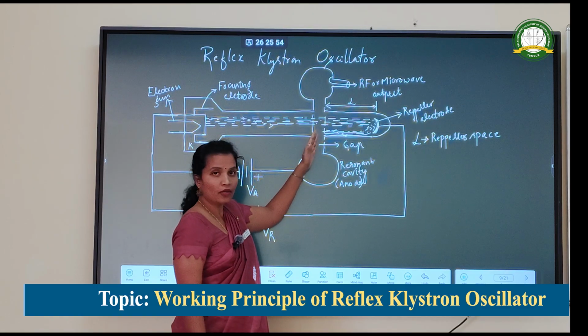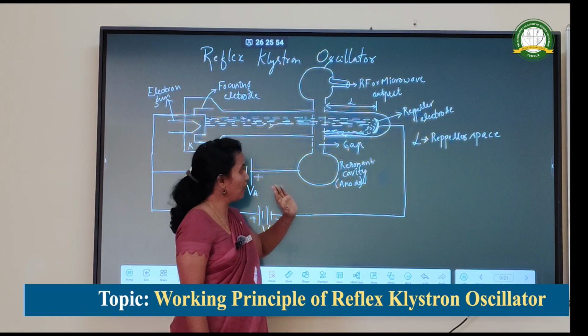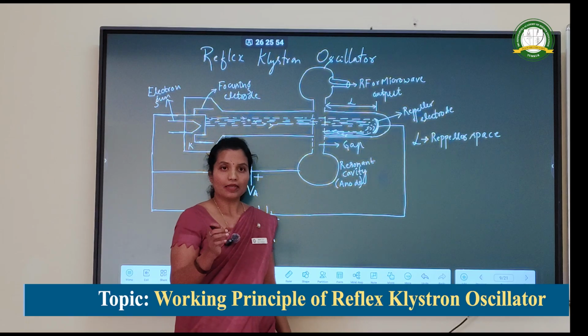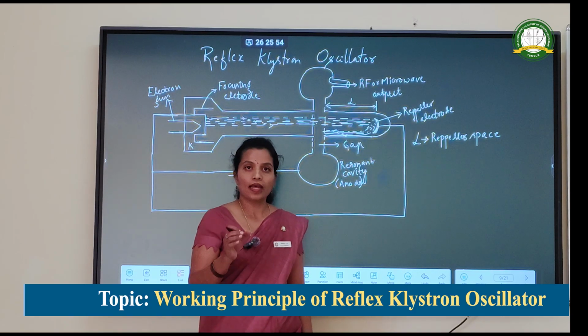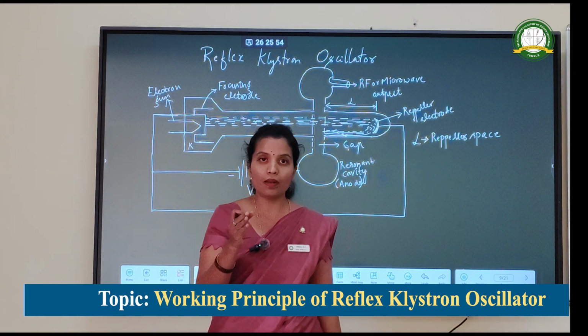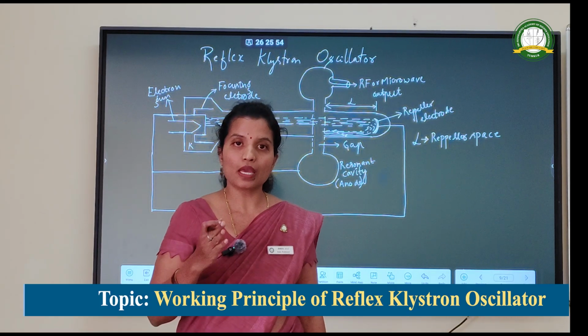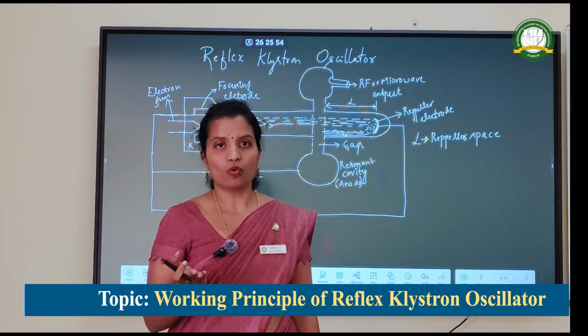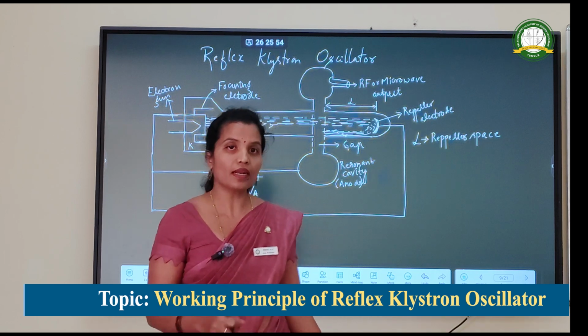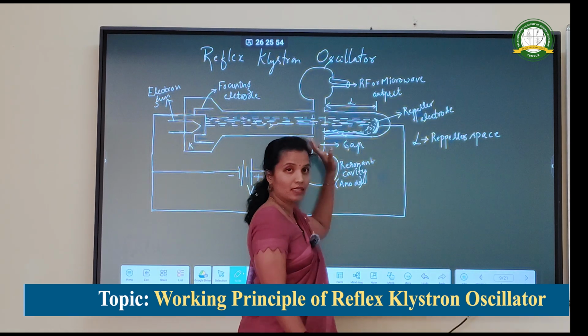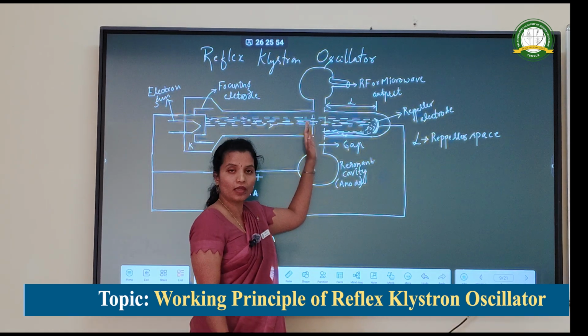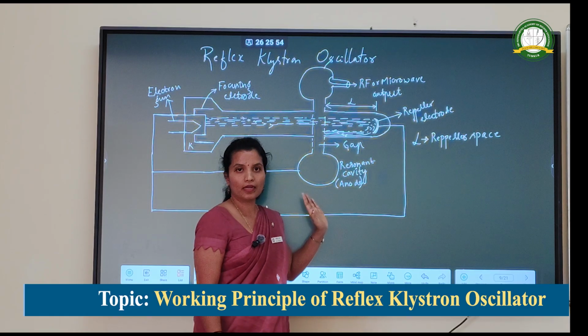When they come back to the gap for the second time, it can be adjusted such that the electrons which are repelled back to the gap coincide with the next positive peak voltage, by adjusting the repeller space. Repeller space is nothing but the space between the gap and the repeller electrode.